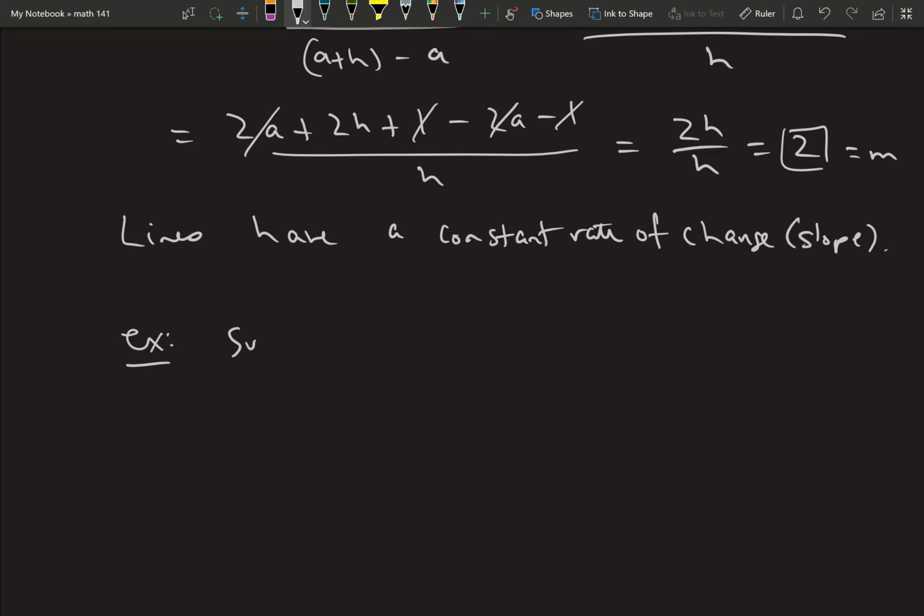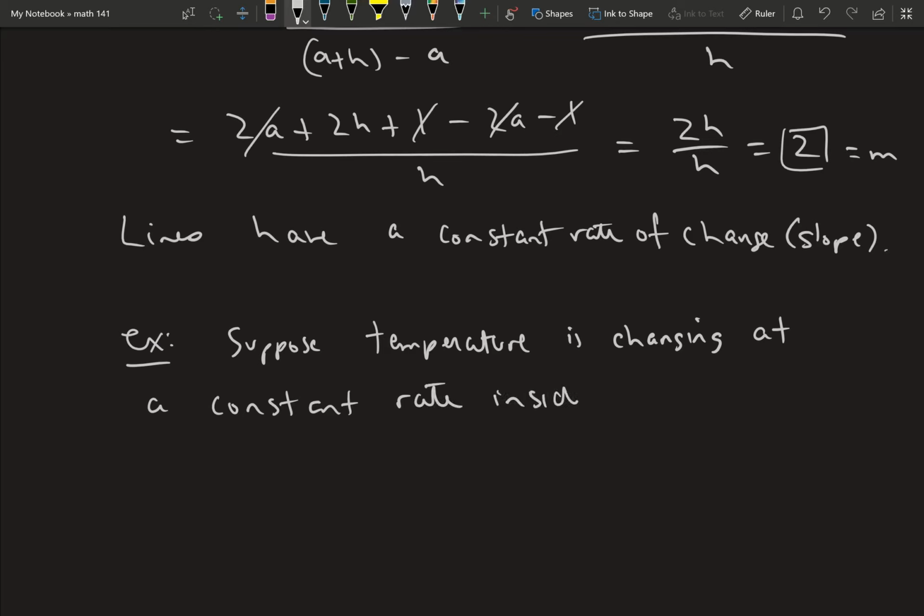So suppose temperature is changing at a constant rate, let's say inside an oven, where at time 0, the temperature is probably not 0 because it's inside a home, so let's say it's 70 degrees Fahrenheit.